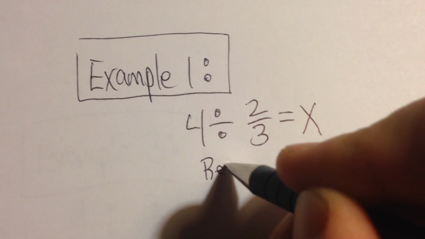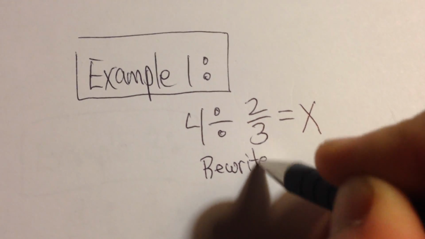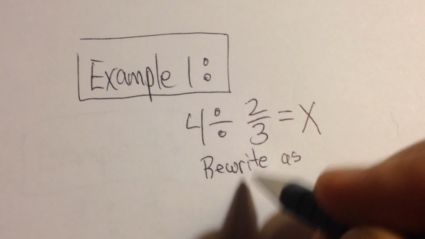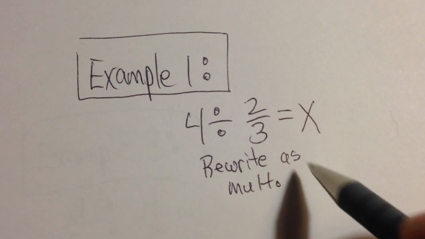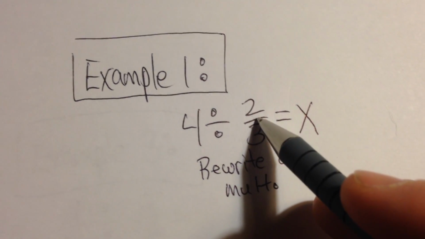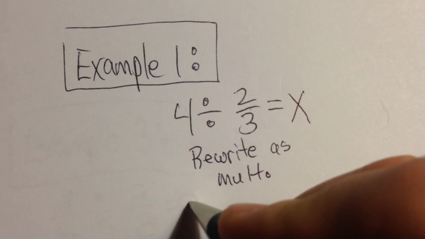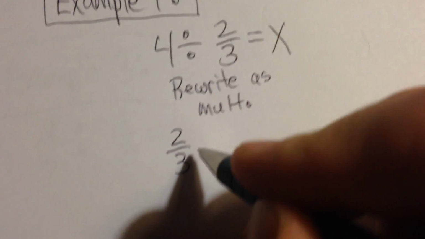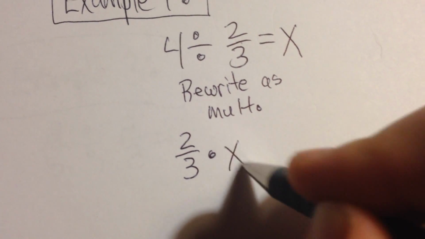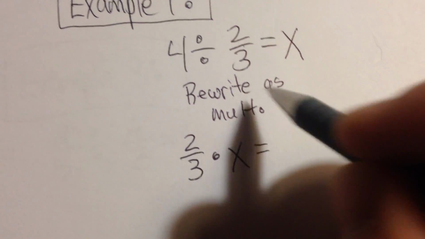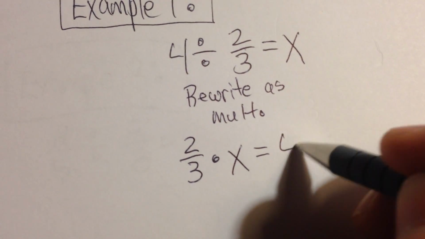So let's make a note: rewrite as multiplication. So I want to take my divisor, 2/3, and multiply that times my quotient, which is x, and that's going to equal 4.